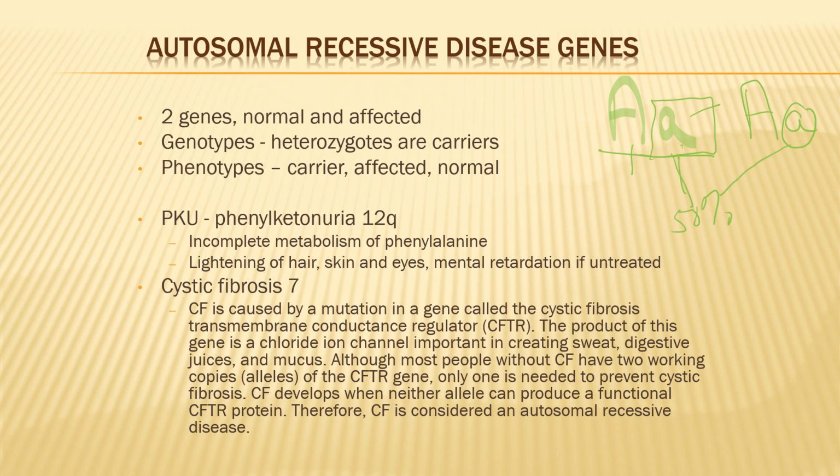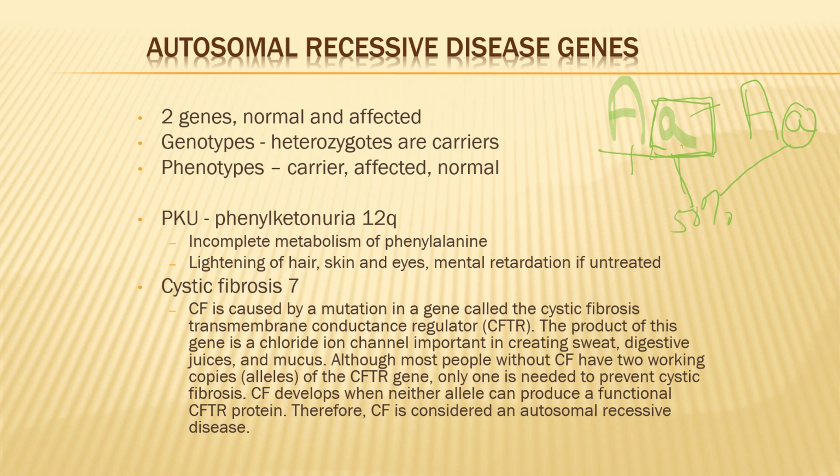So with dominant disorders, you can't be a carrier. You either have it or you don't have it. But with recessive disorders, you can have one of the mutated genes without having the disease, and can possibly pass that on to your offspring without you having it yourself.